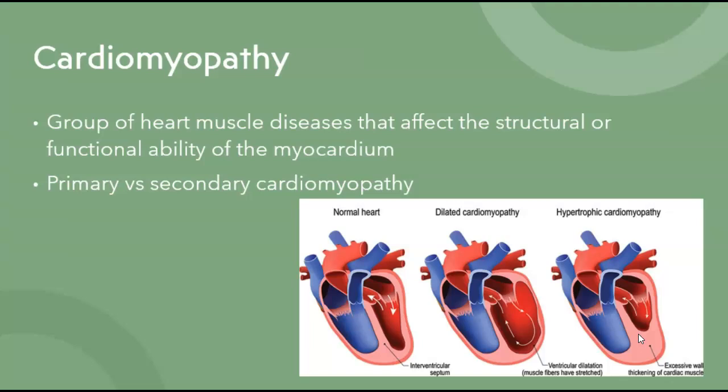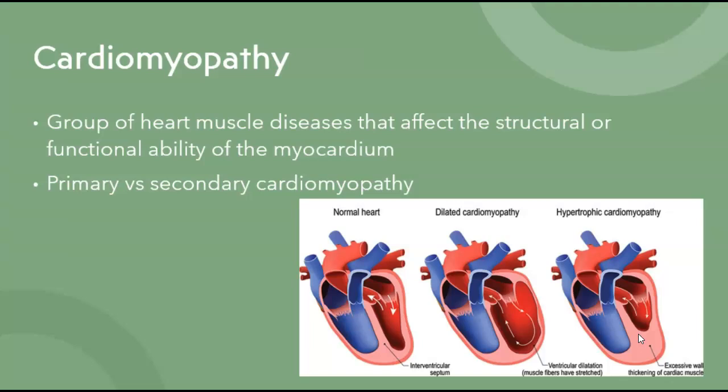Secondary cardiomyopathy can be caused by a bunch of different things, but basically with secondary cardiomyopathy, we know what the cause is. So it can be infective, so it can be caused by viruses, bacteria, fungus, protozoa. It can be metabolic.